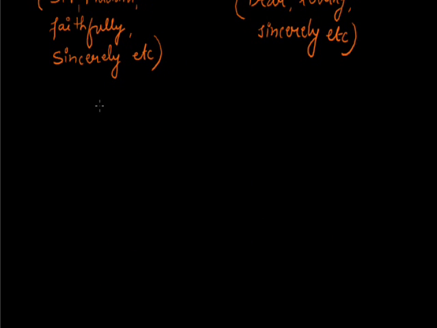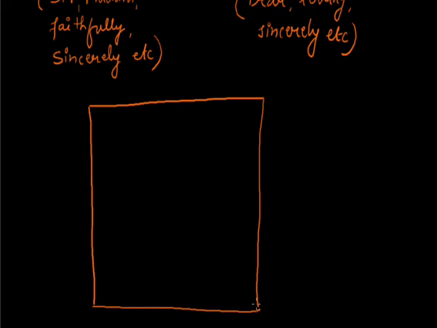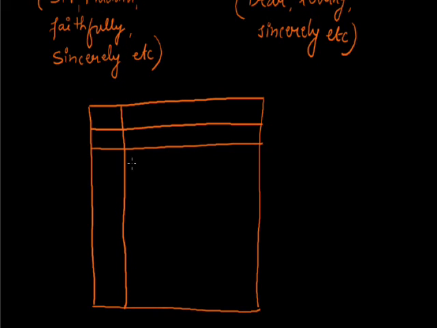The format of writing an email is as follows. We first make a block and then we divide our block like this with one vertical line, and by drawing 4 horizontal lines, we create our email block.